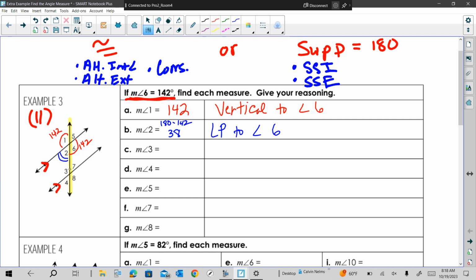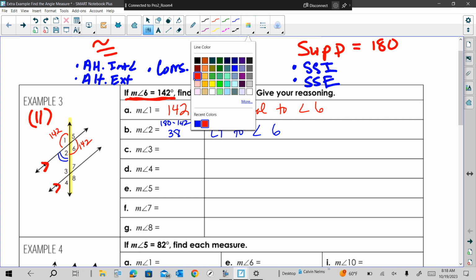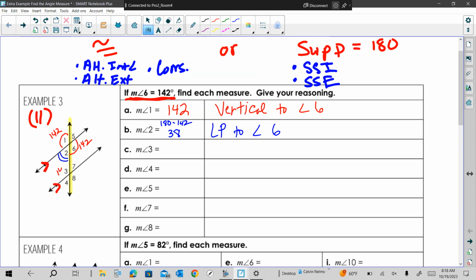Alternate interior is part of the congruent set over here, so I automatically know it's the same measure. So angle 3 is also 142 because it's an alternate interior angle to angle 6. I'll abbreviate alternate as ALT.